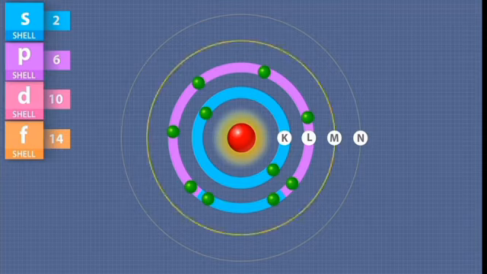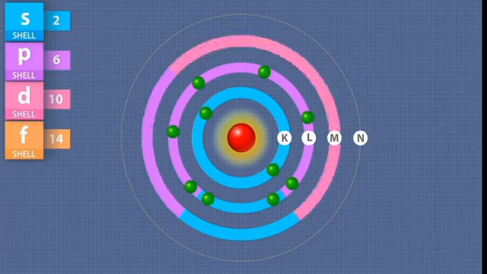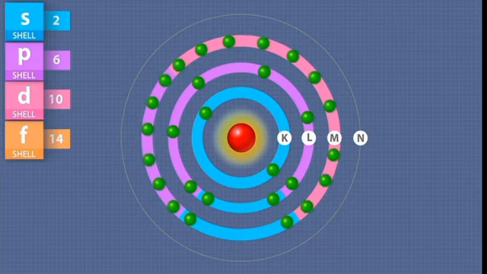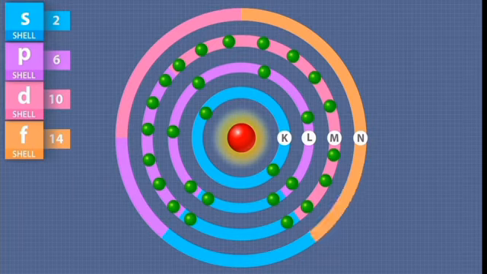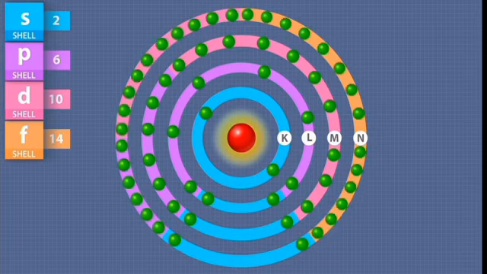M is the third shell and has S, P, and D subshells, which accommodate 2, 6, and 10 electrons respectively. Next is the N shell with S, P, D, and F subshells, accommodating 2, 6, 10, and 14 electrons respectively.